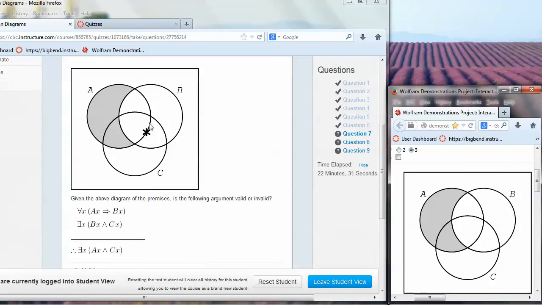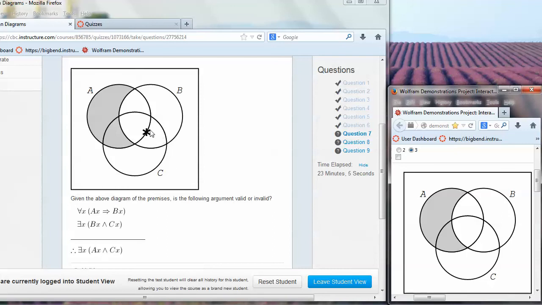Now, the premises don't tell us that there's definitely something in that region, right? The premises tell us that there's a star either in that region or this one next to it, but they don't guarantee that there's something in this center region in the overlap between A and C. So again, this argument's going to turn out to be invalid because the information in the premises doesn't give us enough information to know that the conclusion is true, right? The premises don't rule out the star being in this region that is a C and a B but not an A, right?